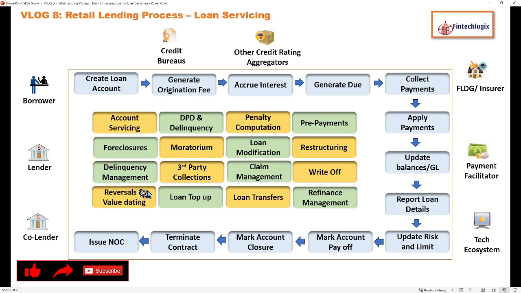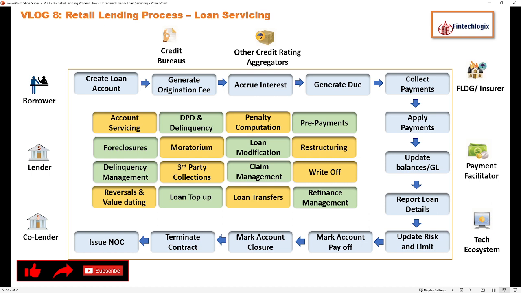Now, reversal and validating, though I have put it as one simple box, is probably the most complex process, where any transactions that you would have done can be reversed in the system, or it can be validated. So it might be a validated payment. A customer has made a payment, but the payment has not reached the bank, and it is not a fault of the customer, the borrower.